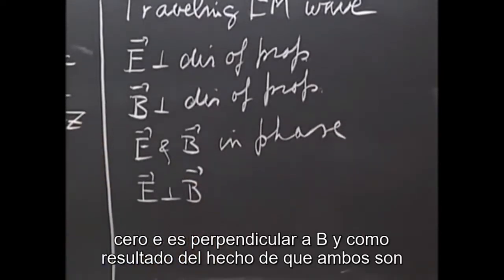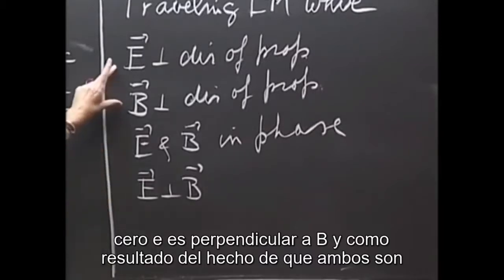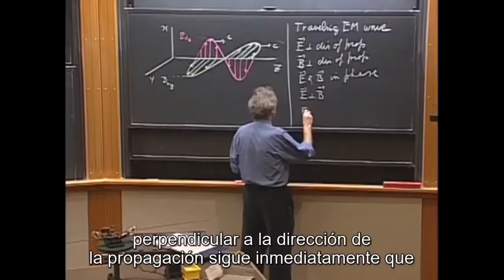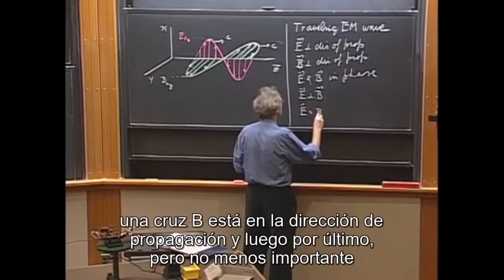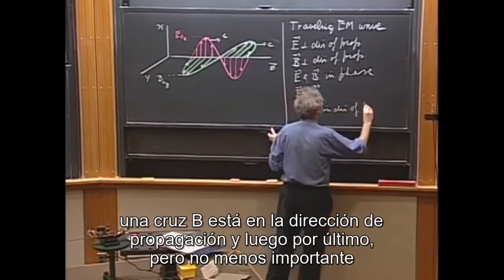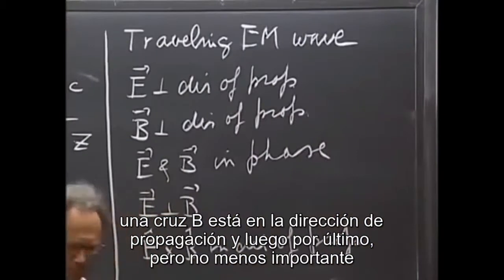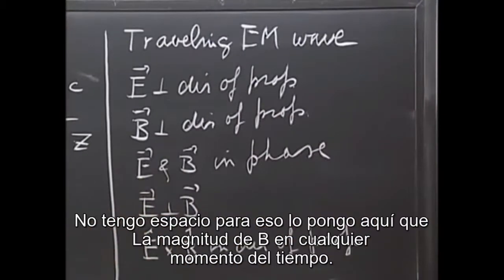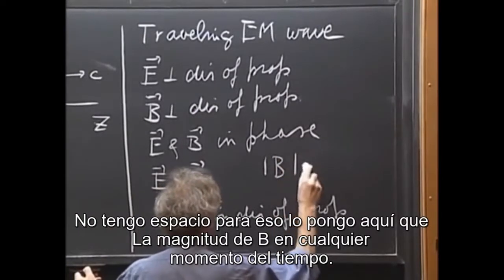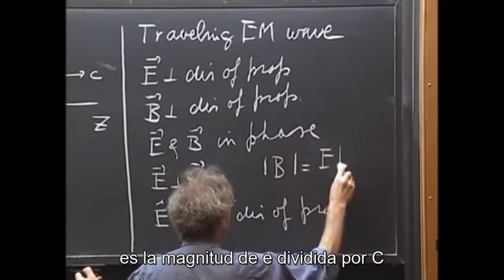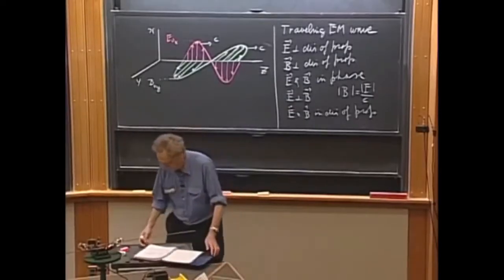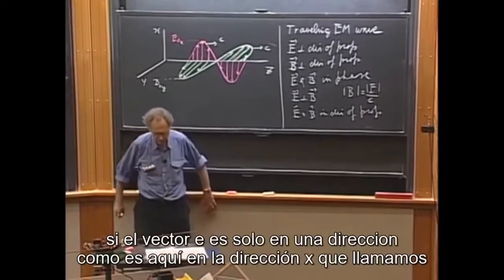E is perpendicular to B. And as a result of the fact that they're both perpendicular to the direction of propagation, it follows immediately that E cross B is in the direction of propagation. And then last but not least, the magnitude of B at any moment in time is the magnitude of E divided by c.